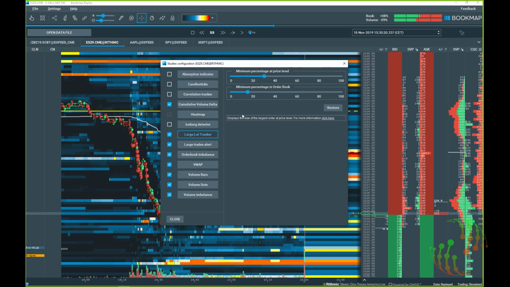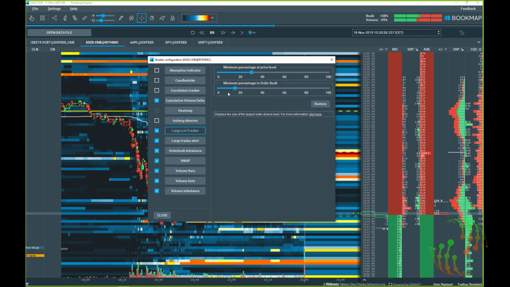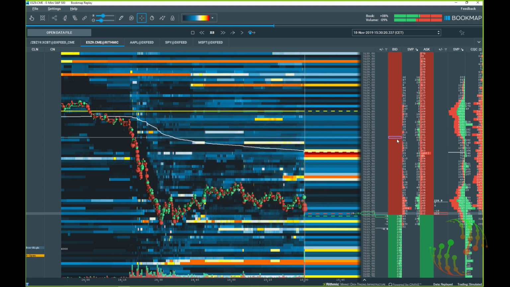You can adjust it in your Bookmap settings. We will come to that on Friday. It's an estimate that a huge part of these 1482 contracts maybe belongs to one guy, an institution, something like that. So this is really serious trading at this level.